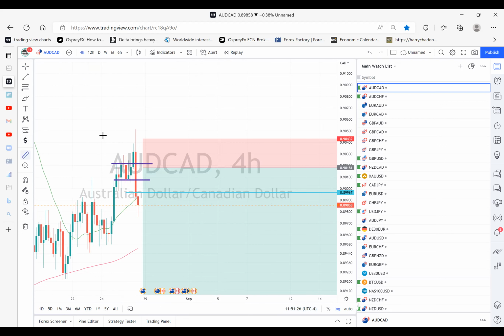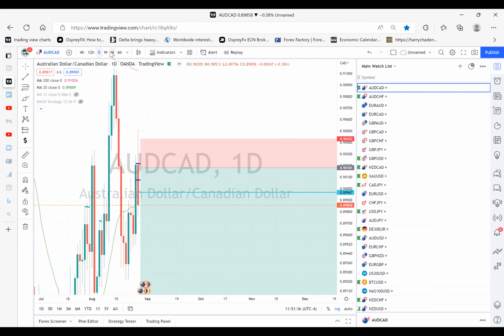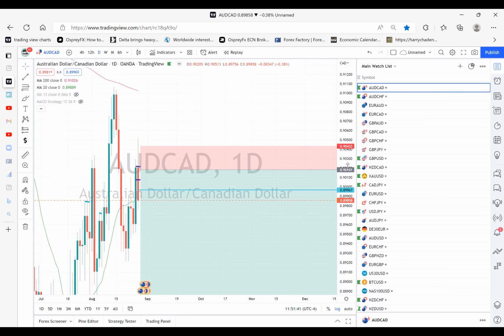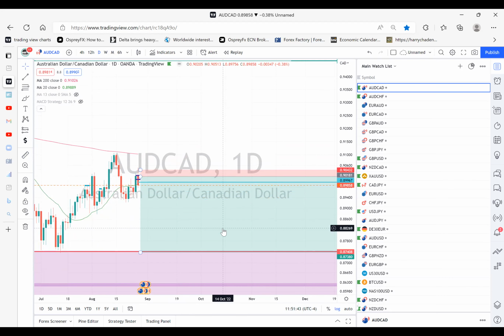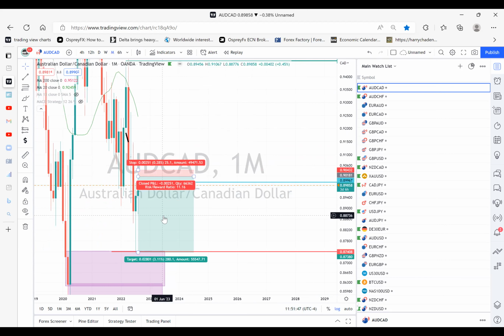But this could be a decent trade right here. We got about a 25 pip stop. It's about an 11% gain. Of course, it's not going to happen.